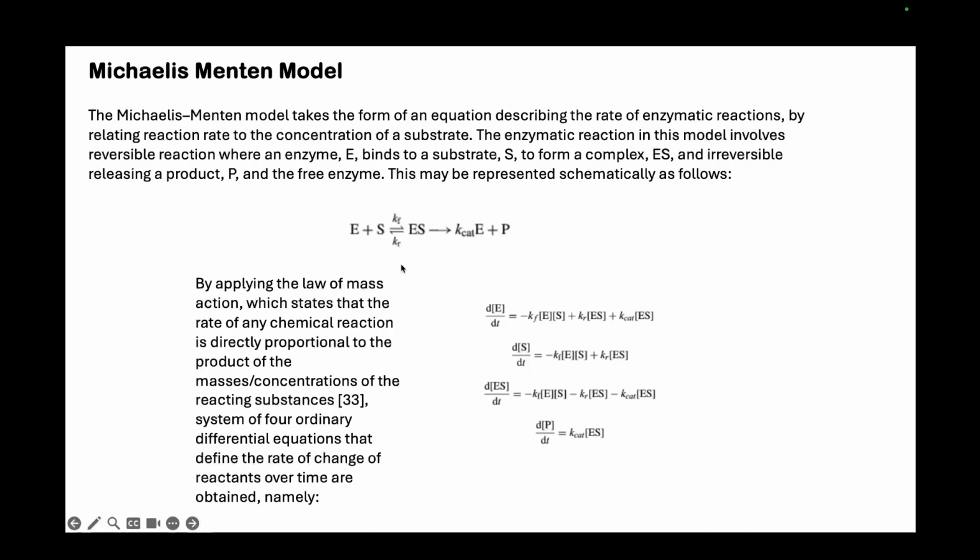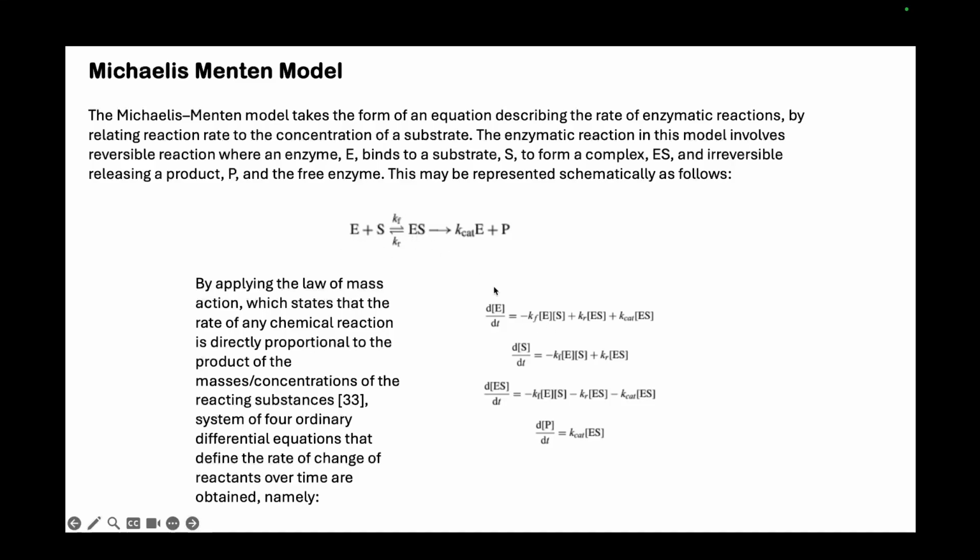There are 4 unique compounds here: one is E, one is S, one is ES, and the other is P. If you are modeling dE/dt, we know ultimately dE/dt will be 0 because E will not change across time. But if we are modeling dE/dt, it is basically the negative of the forward rate of forming ES, because E is getting used up for the forward reaction.